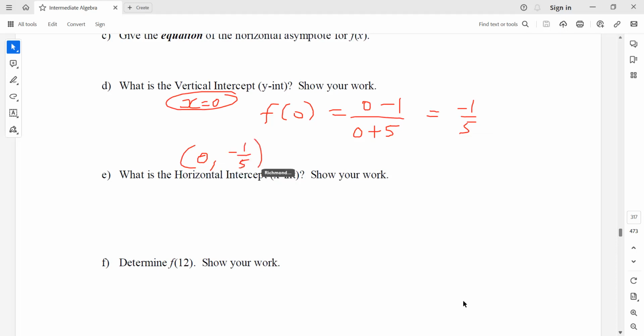Or negative 0.2. Now, what about the horizontal intercept? For the horizontal intercept, remember that y is 0. So we are going to have 0 equals x minus 1 over x plus 5.